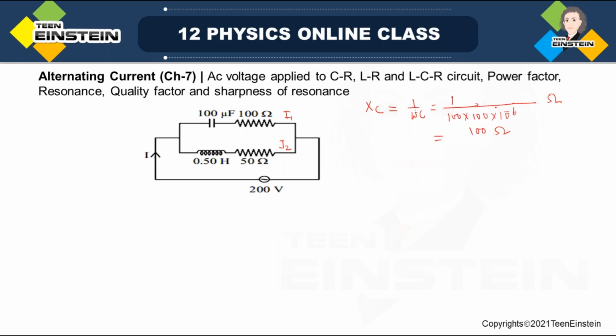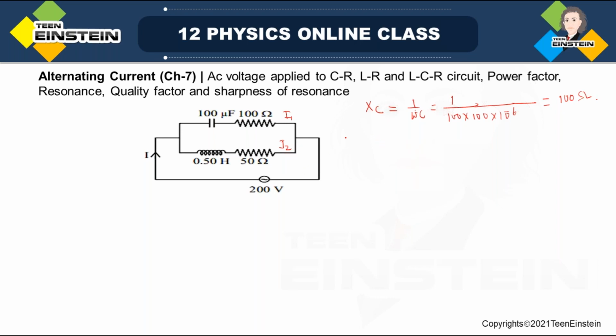So we have got the impedance for the path CR. At least we have got the capacitive reactance, that is 100 ohm.